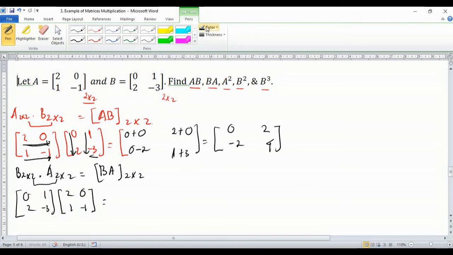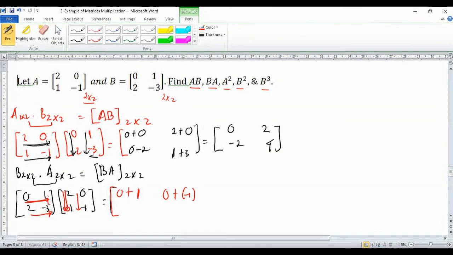Let me change the color. We find row times column. 0 times 2 is 0, plus 1 times 1 is 1. And then the first row with the second column: 0 times 0 is 0, plus 1 times minus 1 is minus 1.